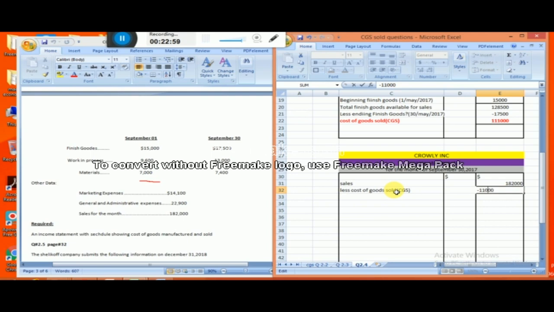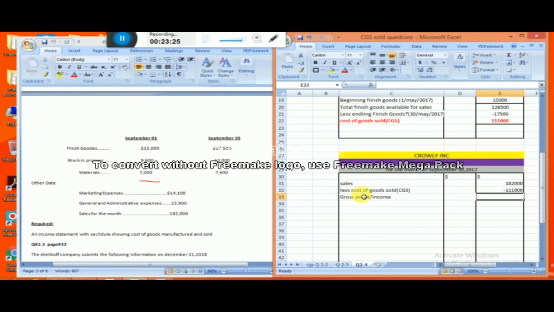Sales minus CGS is equal to gross profit, or gross income, you can also write gross income.